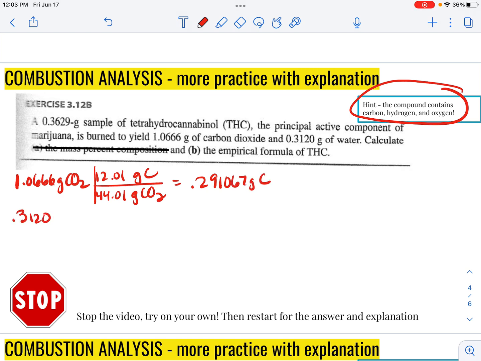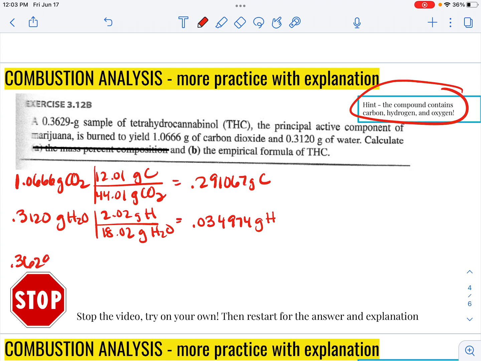Then 0.3120 grams of water, 18.02 grams of water to 2.02 grams of H. That gives me 0.034974 grams of H. I'm going to do the total, 0.3629 minus the carbon, 0.291067, minus the hydrogen, 0.034974, to find 0.036859 grams of oxygen. And now I'm ready to do empirical formula calculations.